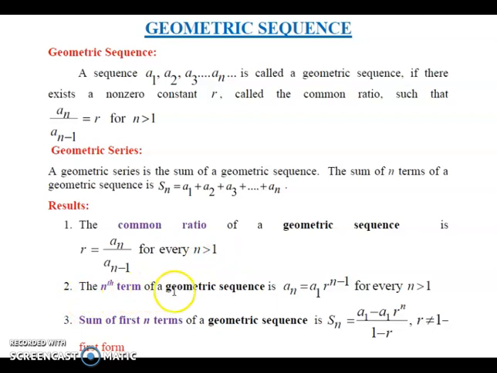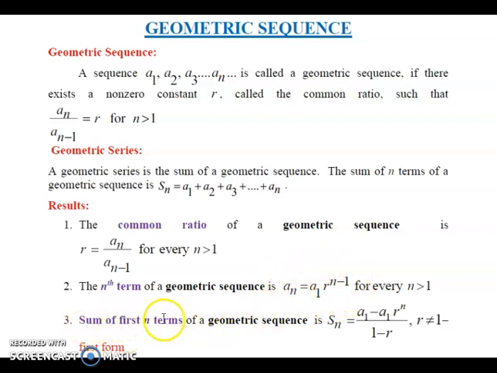The nth term of a geometric sequence is an is equal to a1 r power n minus 1 for every n greater than 1. In this, a1 is the first term of the geometric sequence, r is the common ratio. Then we can find the nth term of the geometric sequence.